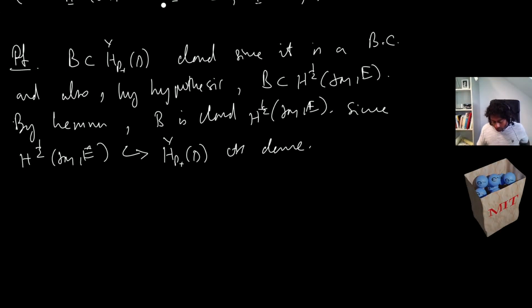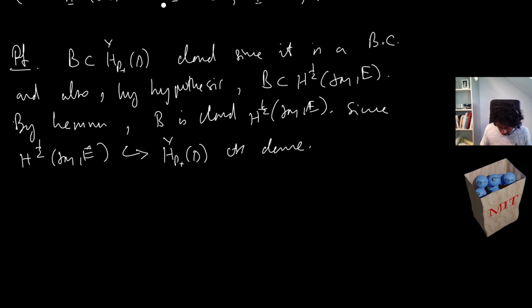So now we have a closed subspace of H half, and we have a closed subspace of this H check. So we can just consider the inclusion mapping. The inclusion mapping is a bijection. It's a continuous bijection because it's contained continuously and it's dense, and so therefore the inverse map, which is of course again the identity, must be continuous.